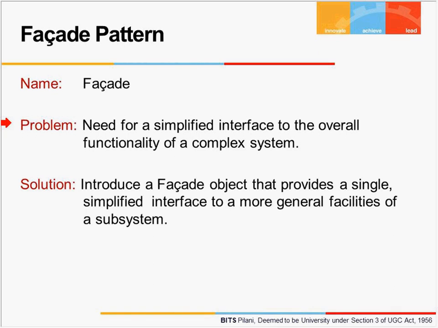Right? The solution is to introduce a facade object that provides a single simplified interface to the more general facilities of a system. So the solution is to introduce a common object called a facade object that provides a single simple interface. Right?